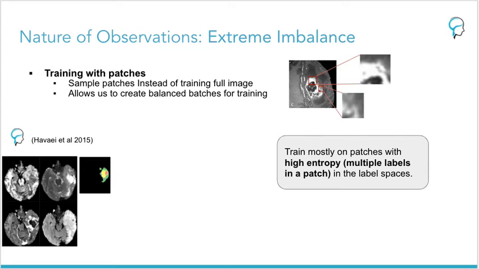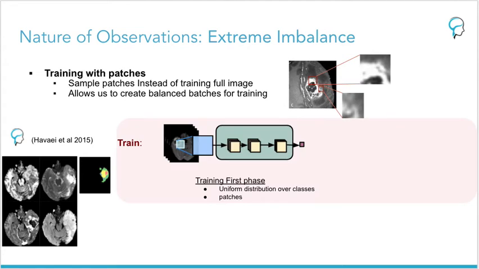We do training in two phases. In the first phase of training, we sample patches uniformly over classes. This allows us to learn features that are not sensitive to the distribution of classes in our data set.